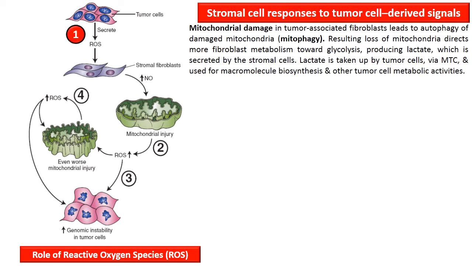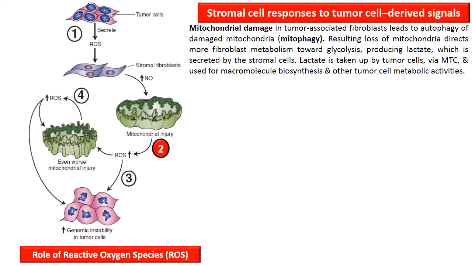The tumor cells secrete reactive oxygen species that act on the stromal fibroblast, and there is increased secretion of nitric oxide from the fibroblast that will lead to the mitochondrial injury.